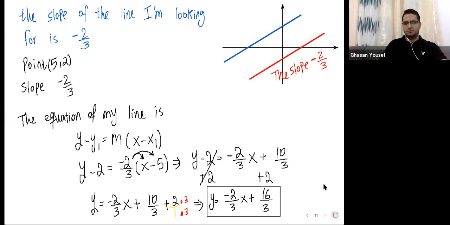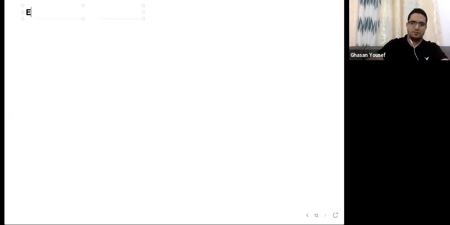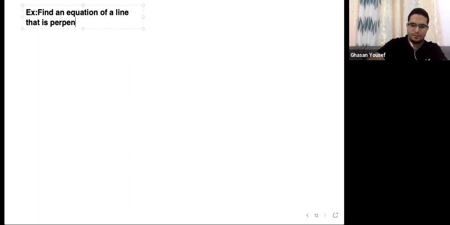Another example. So the example is: find an equation of a line that is perpendicular to the line 4x plus 6y plus 5 equals 0 and passes through the point 0, 0.